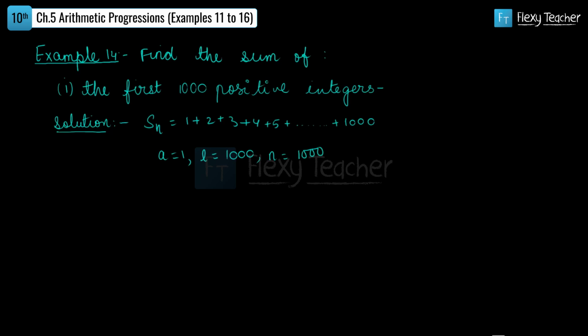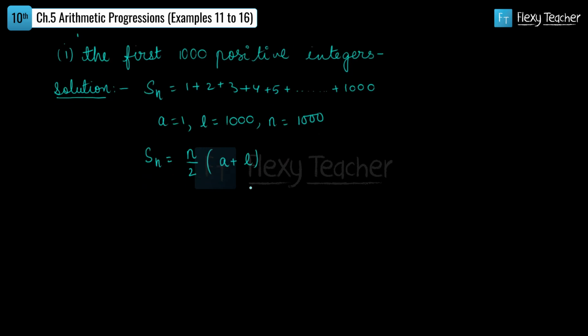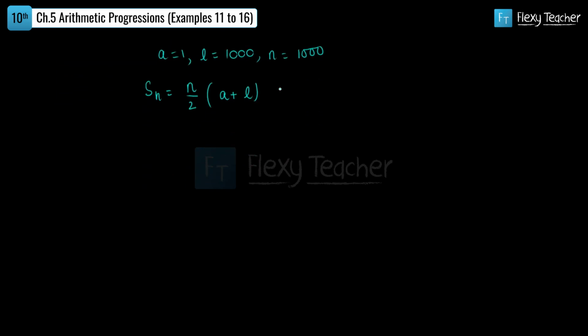So in this case, summation n is equal to n upon 2 into a plus l. Okay, so n upon 2 is equal to 1000 upon 2 into a is 1 plus l is 1000 again.